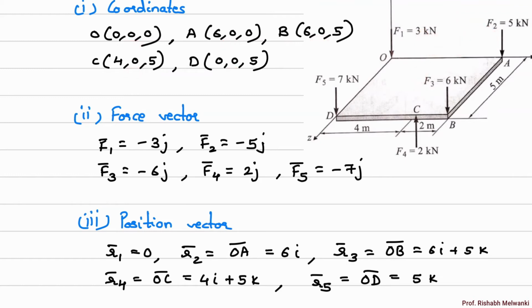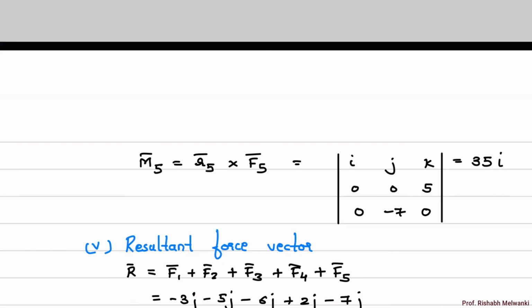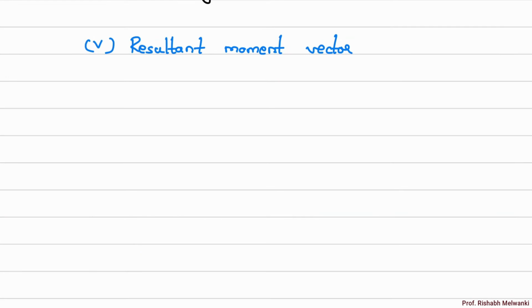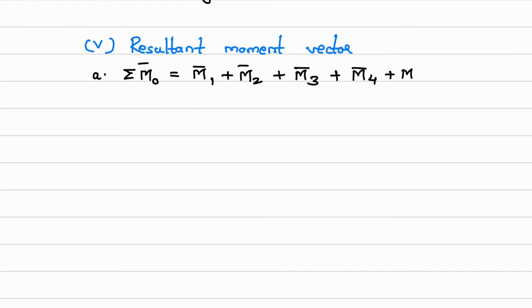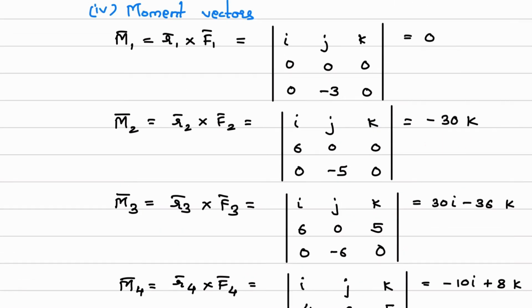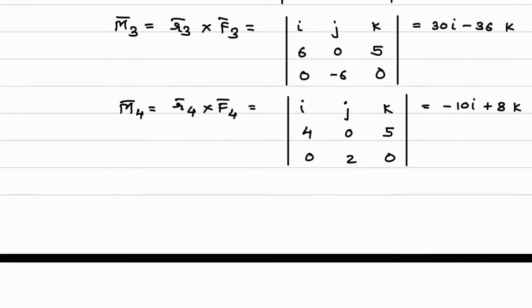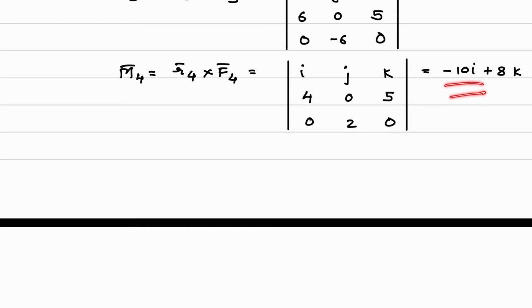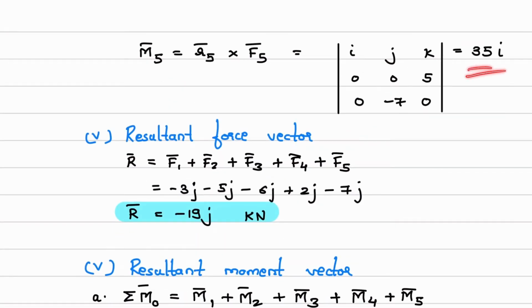Okay, so we'll solve this part now. First will be the summation of moment about point O. So part A, summation of moment about point O. We have to add all the vectors which we have already found out. The values are 0 minus 30k plus 30i minus 36k minus 10i plus 8k and last is plus 35i.